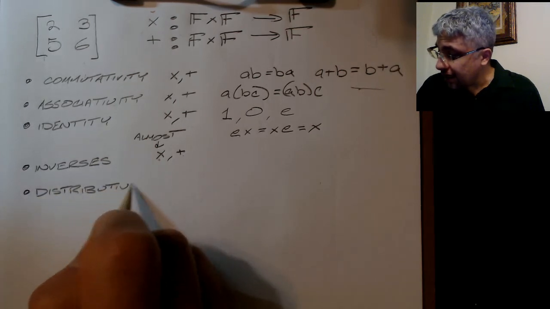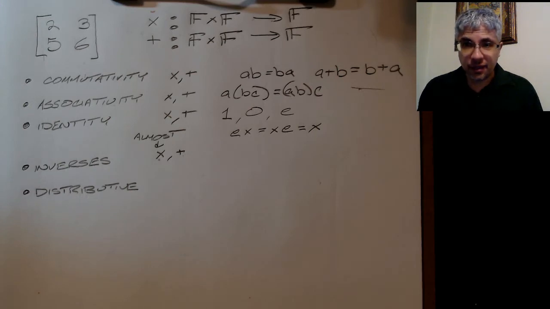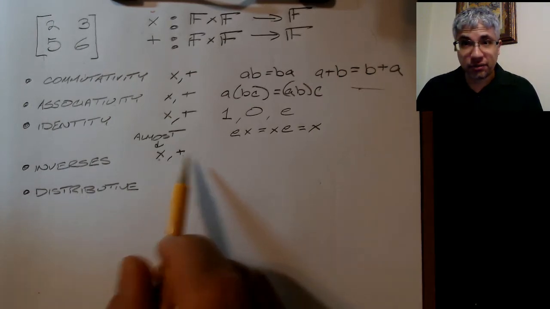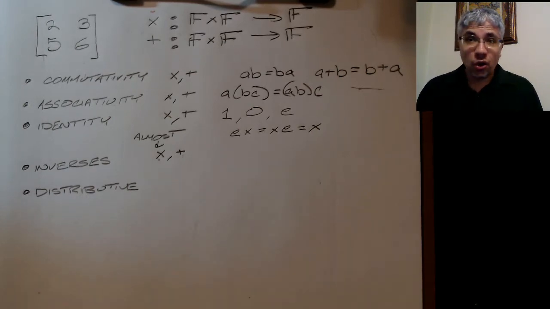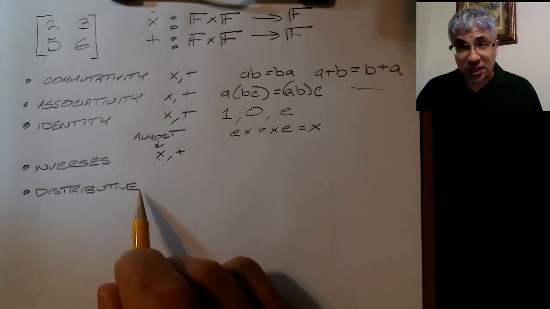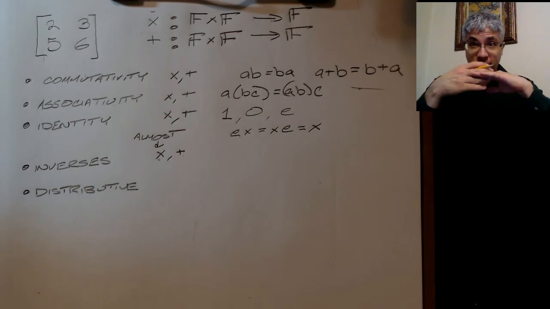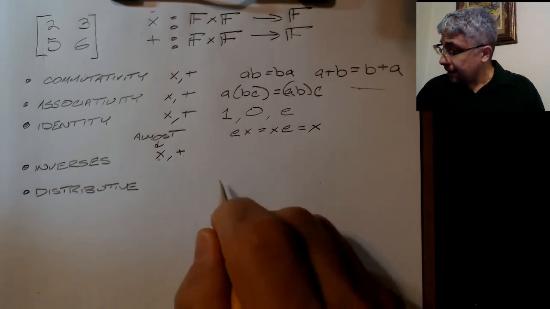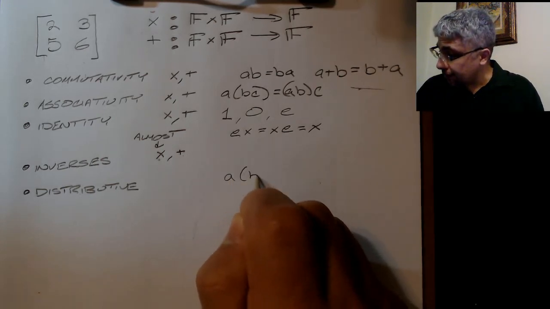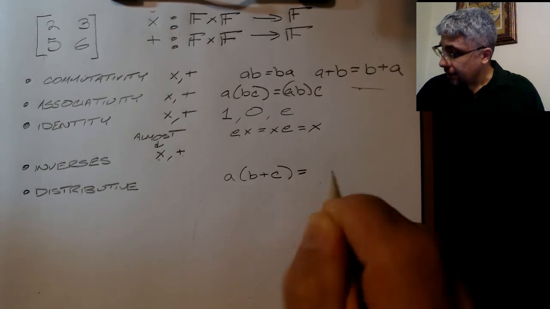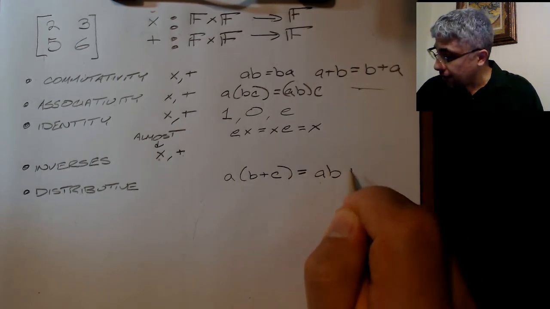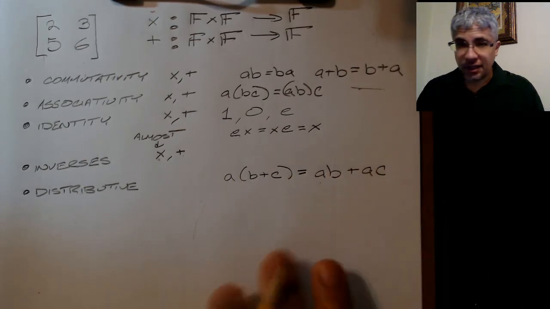And notice, this is the one that's connecting times and plus. Whatever our times and plus are, whatever our collection is, this is what's connecting those two together. And it simply says that A times (B plus C) is equal to AB plus AC.